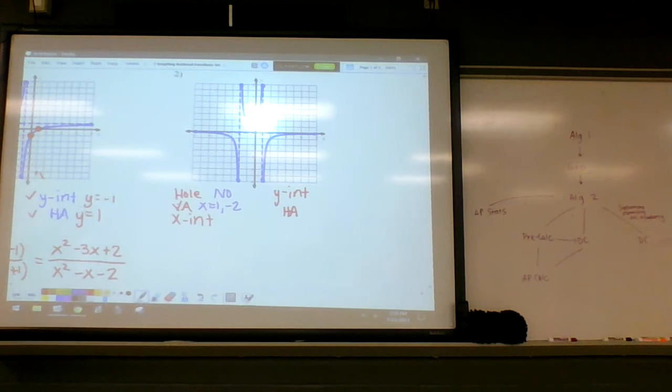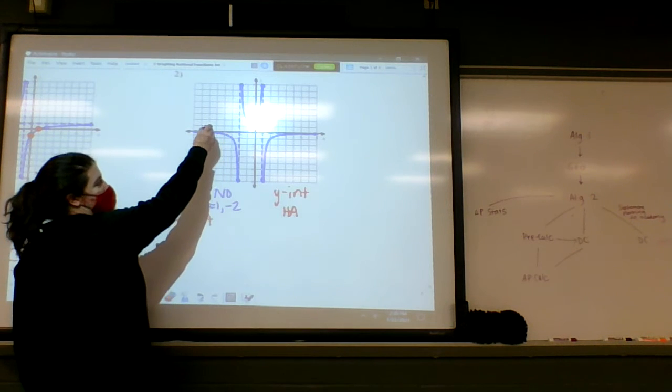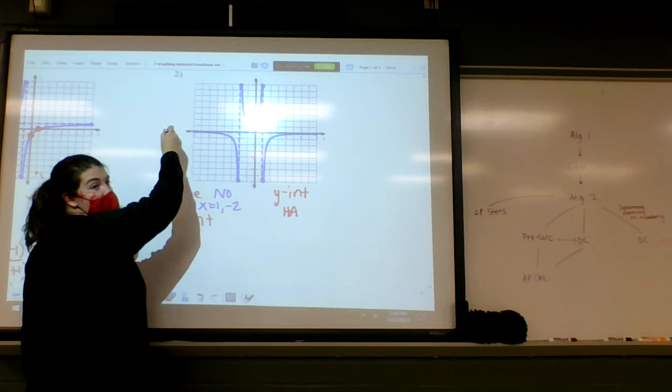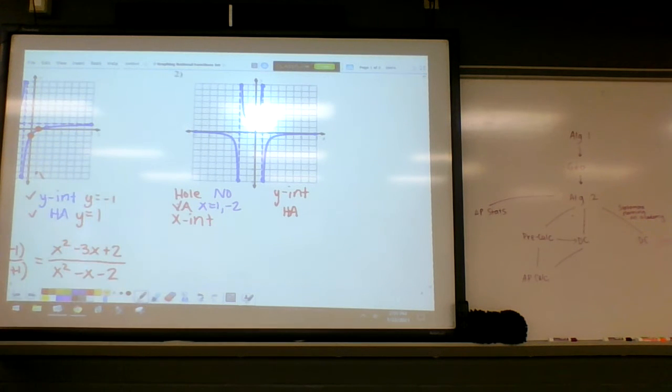All right, what about x-intercepts? Does it cross the x-axis? No. James says no. What do you think? The little curvy lines look like you're just going on forever. Yeah, so what's happening over here is it approaches the x-axis, turning and going forever. It's getting closer and closer, but it never actually gets there.